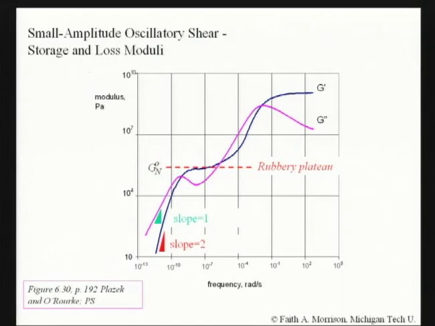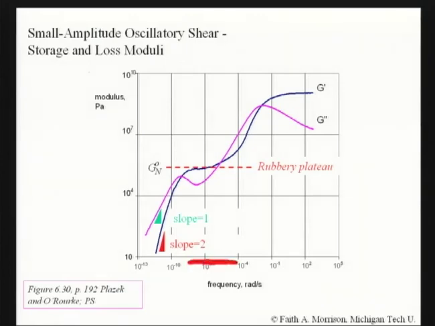In the terminal zone, G prime has a slope of 2, and G double prime has a slope of 1. Now, why they have those slopes will not be apparent to you now, but when we study the generalized linear viscoelastic model, we will predict those slopes. They are very understandable to us. For now, you just have to say, okay, I believe you. At very, very low rates, this is characteristic of a linear polymer.